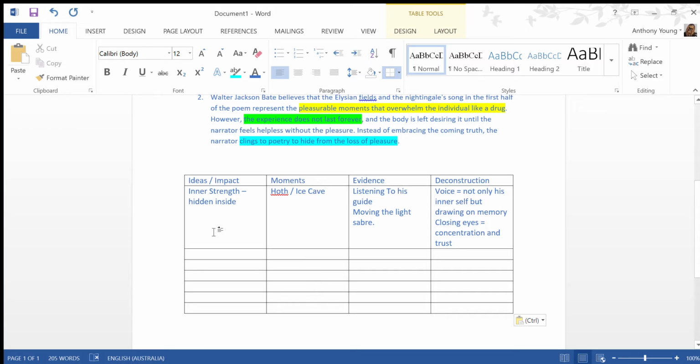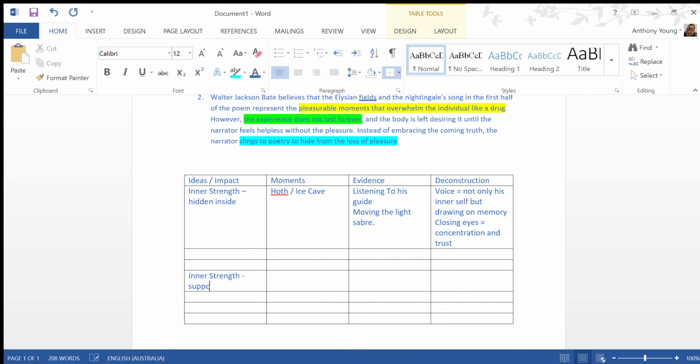So if I was doing this style of essay on the Star Wars film, I might talk about hidden strength inside. I might talk about that for a couple of paragraphs, but then further into the essay, I might want to talk about inner strength supported by others.